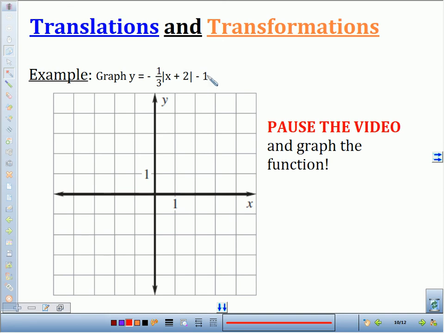K, we don't. So we're going to have a new vertex, and we're going to have a shrunken graph, so a wider graph that is reflected along the x-axis. So we need to combine all of the different things that we've looked at to get one graph. Pause the video, graph the function, and then unpause the video and we can see how you did.